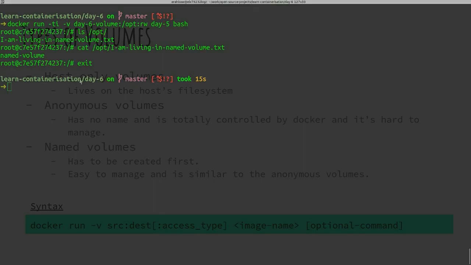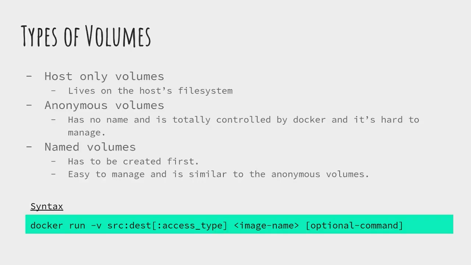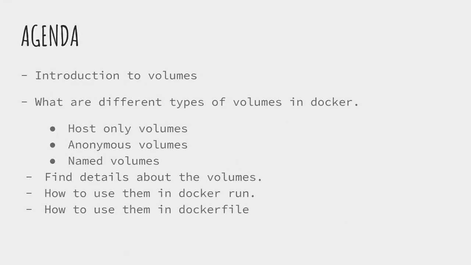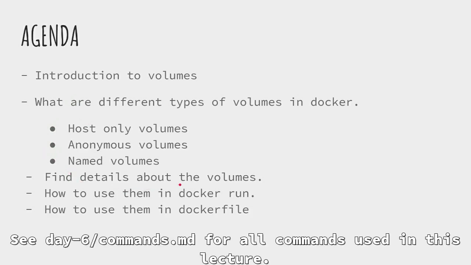So these were 3 different types of volumes. Let's look at the agenda. We have seen the introduction. We have also seen the different types. We have also seen how to find the details about them. We have also seen how to use them in Docker Run.